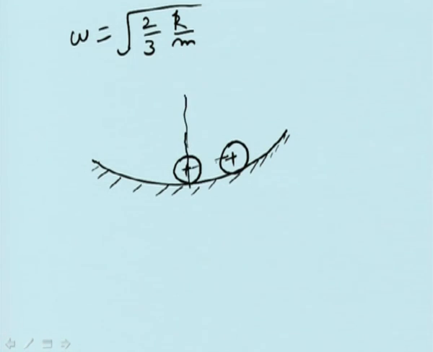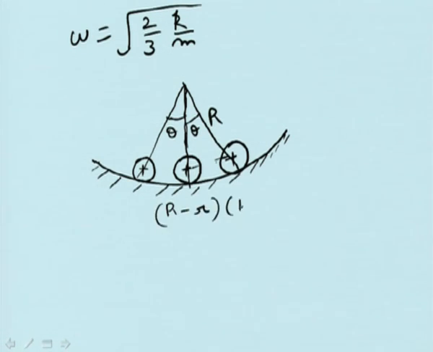Then this is theta, this is r. Now if the maximum angle is theta, the increase in the height of the center of the cylinder is basically R minus r into 1 minus cos theta.